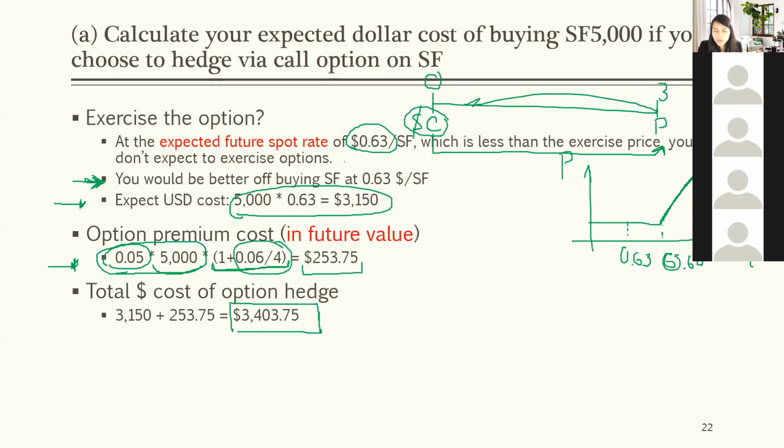So the people that chose answer D from before was correct, as well as the people that chose answer A. So in this case, the option cost is higher relative to the forward cost that we computed before, which is only 3,150.